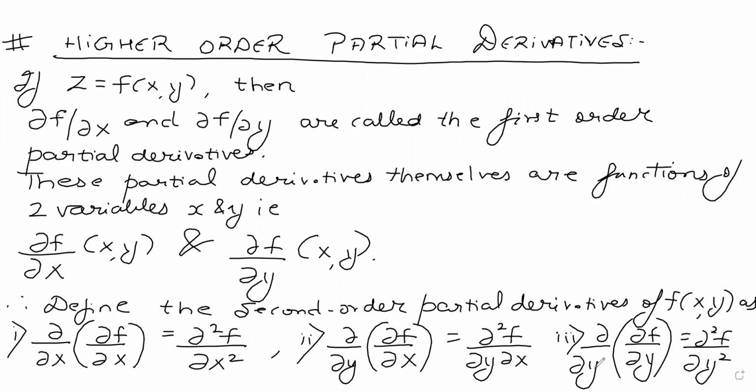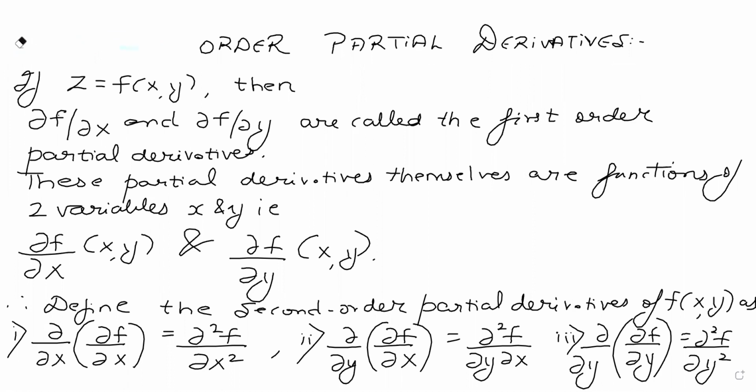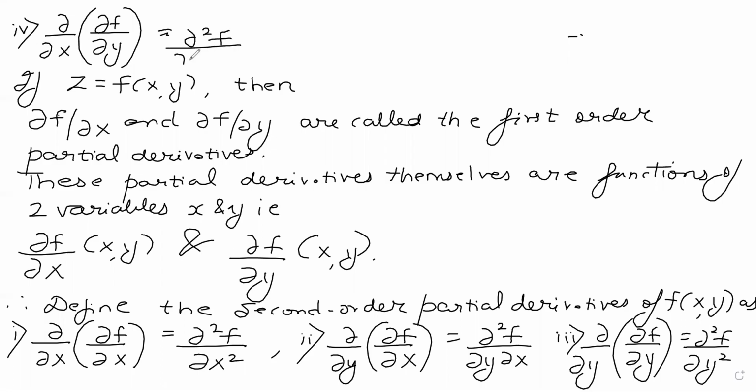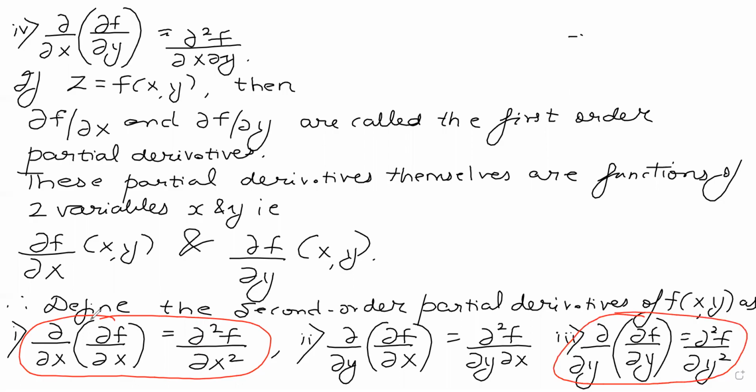And the fourth one I am writing on the top. So the fourth one, del f by del y, if I partially differentiate with respect to x, I get del square f upon del x del y. Now this derivative and this derivative are called the direct second order derivatives.